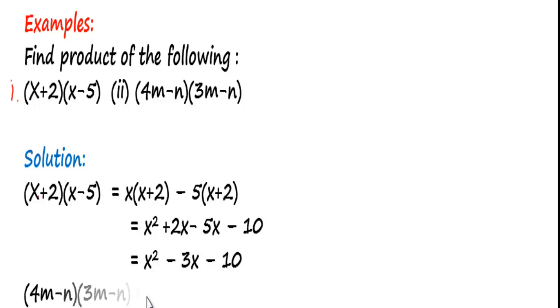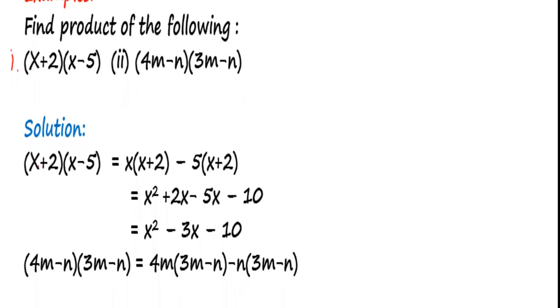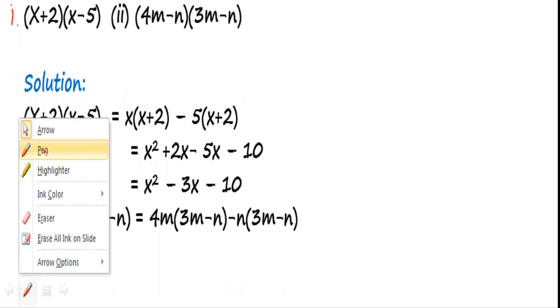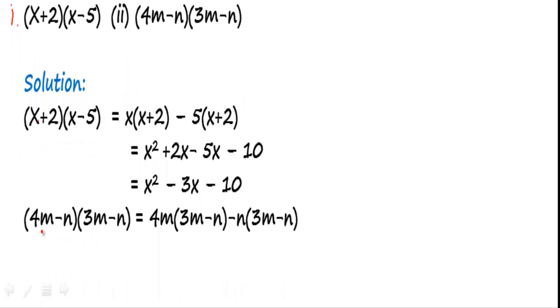Let's go to number 2, which is open bracket 4m minus n close bracket and open bracket 3m minus n close bracket, which is now equal to, you can pick the first bracket to use it to multiply all that is in the second bracket.